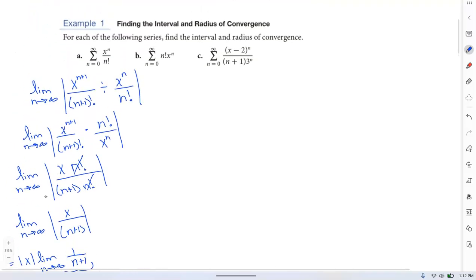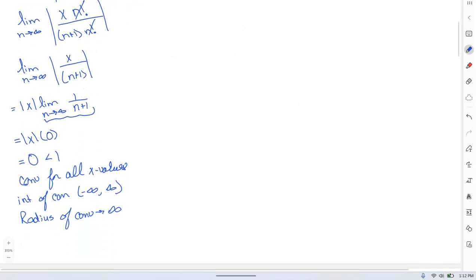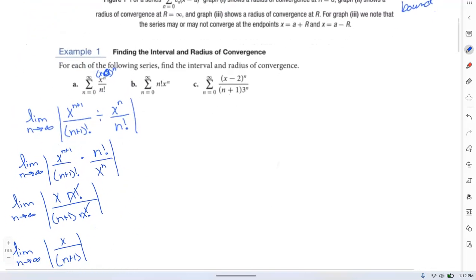This thing would be centered at 0, because I could think about my x minus a to the n there, and a would be 0 in this case. The distance from 0 to infinity or negative infinity is going to be an infinite distance.